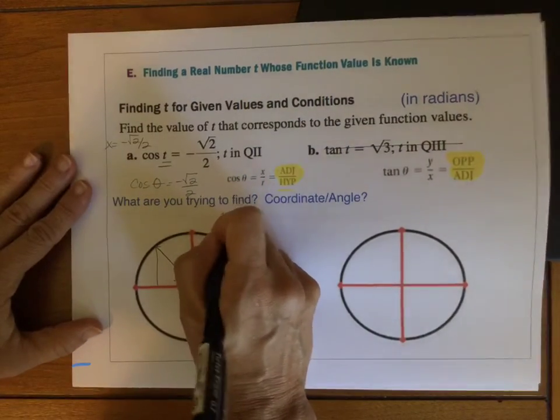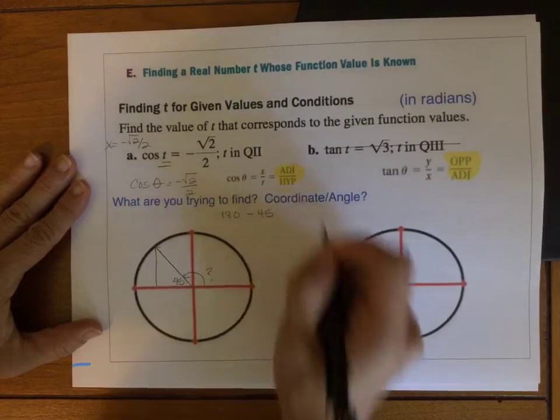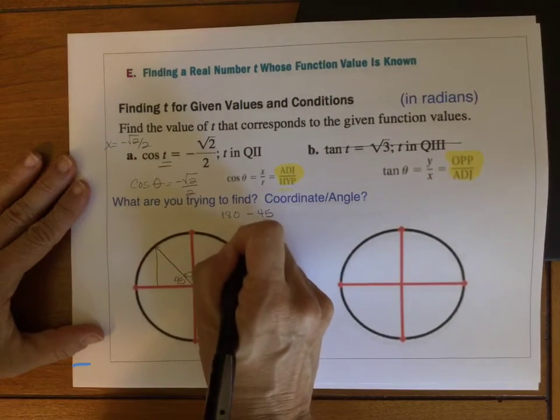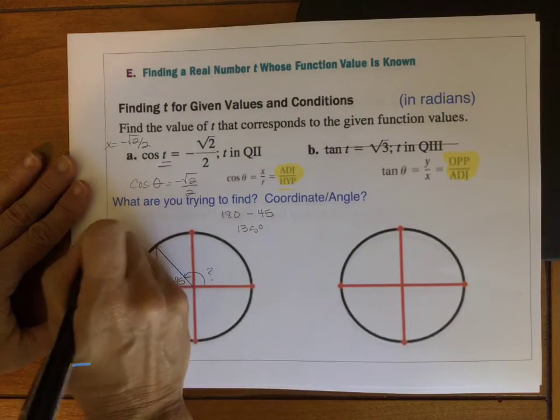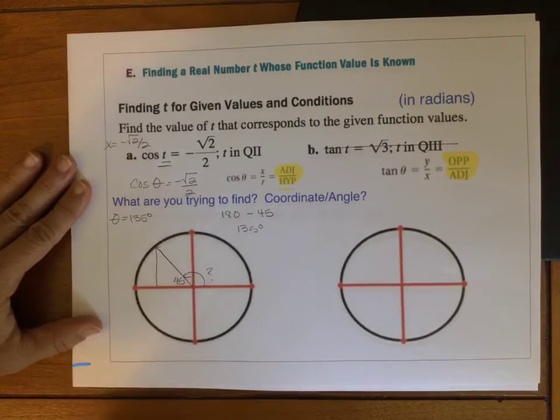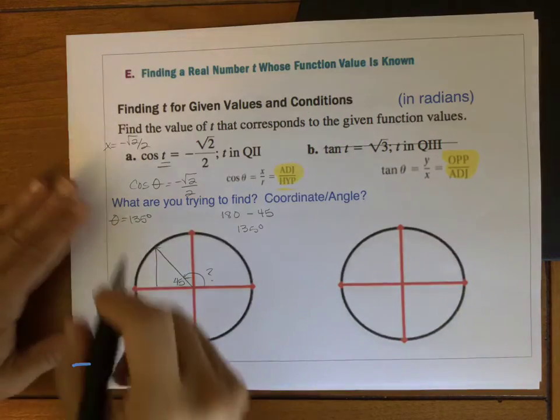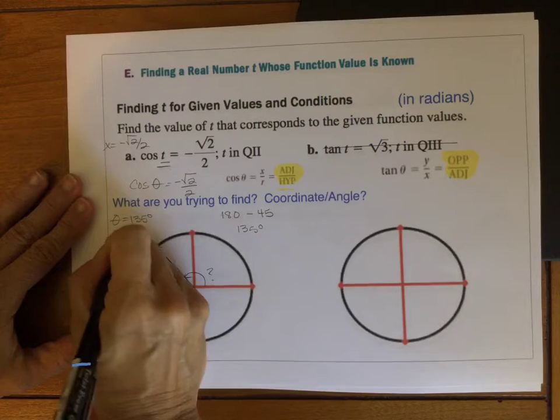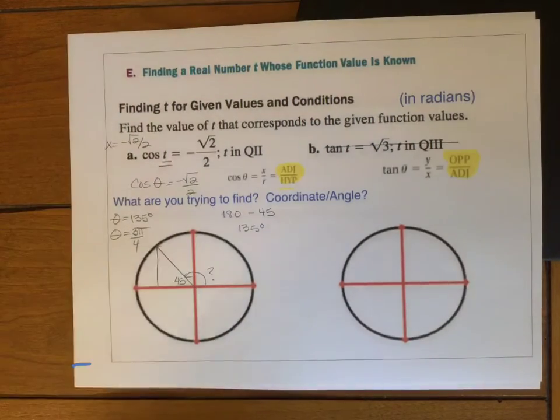It must be 180 degrees minus 45, which is 135 degrees. So theta is 135 degrees, or in radians, 3 pi over 4.